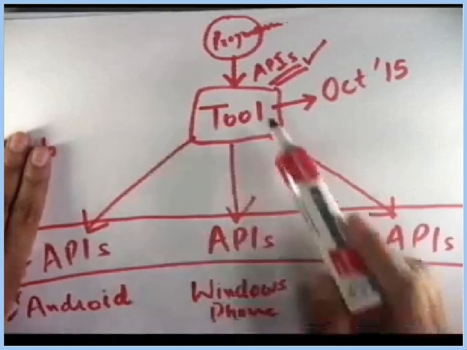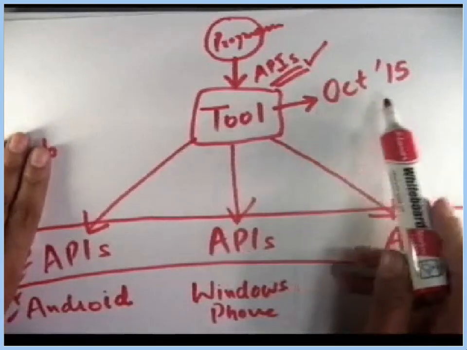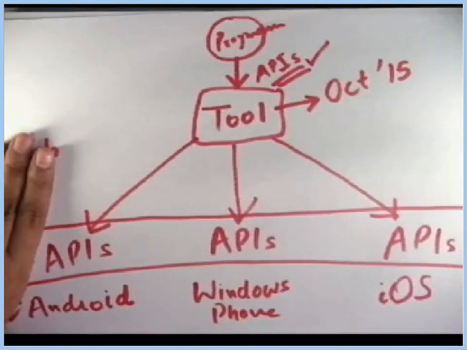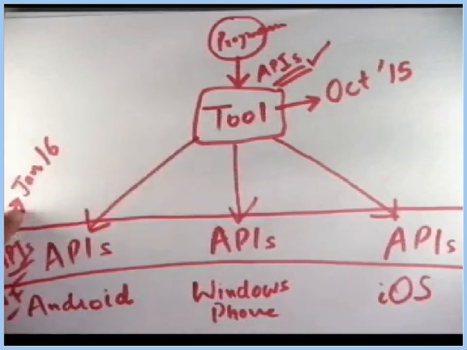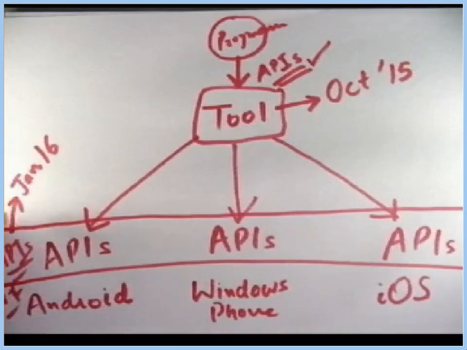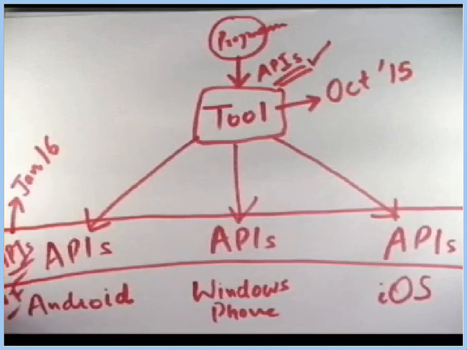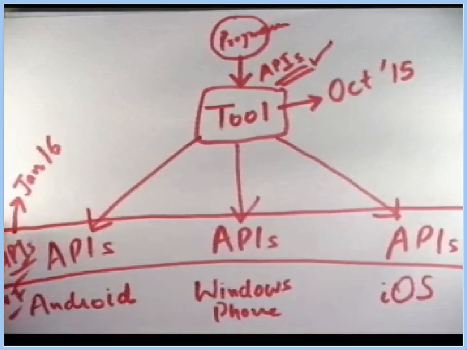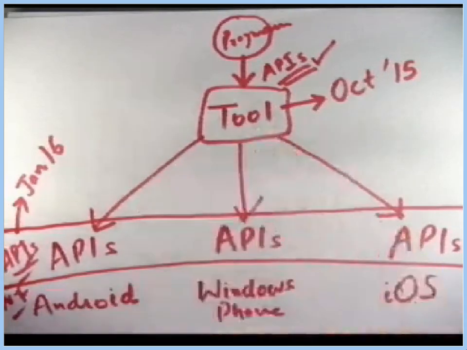But this tool was last released in October 2015, and Android released a new feature in January 2016. Based on that feature, there are some new APIs that it has released. Now, how does my tool have access to these features?